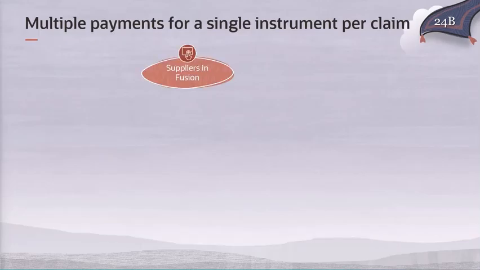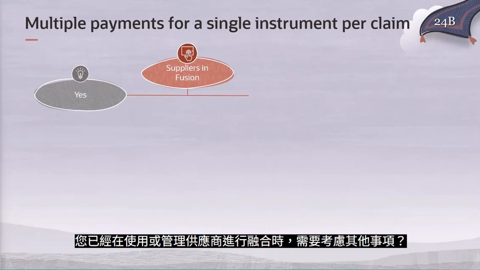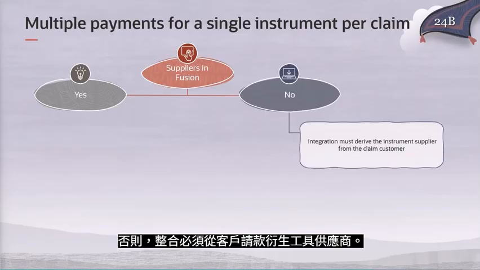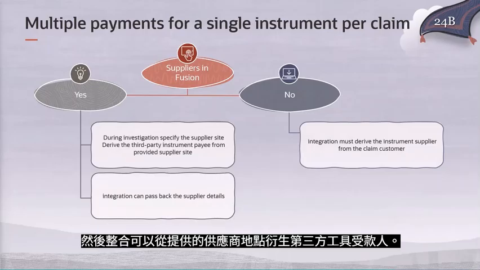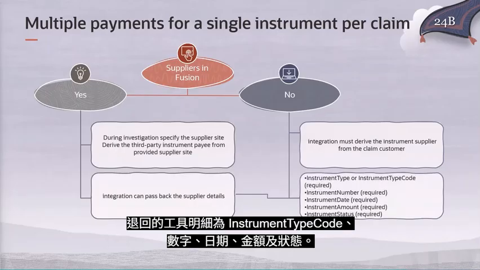Other things to think about: are you already using or managing suppliers in Fusion? If not, the integration must derive the instrument supplier from the customer claim. If yes, then during the investigation, you can specify a supplier site, and integration can then derive the third-party instrument payee from the provided supplier site. The instrument details passed back are the instrument type, code, number, date, amount, and status.